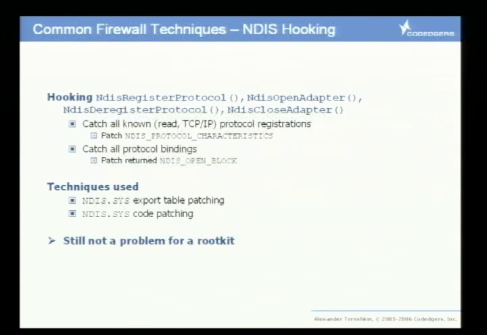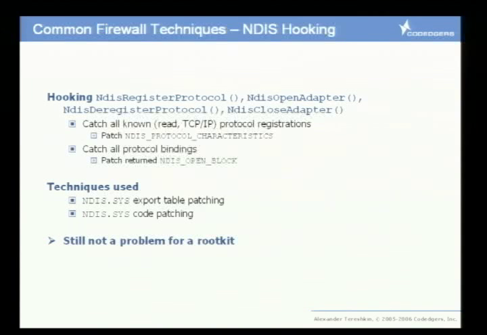Let's move to NDIS hooking. The hooking of NDIS is performed by a firewall by hooking NdisRegisterProtocol and NdisOpenAdapter and these other two functions. This is done to catch all known protocol registrations and protocol bindings. Common techniques used by a firewall to hook the NDIS driver are these.